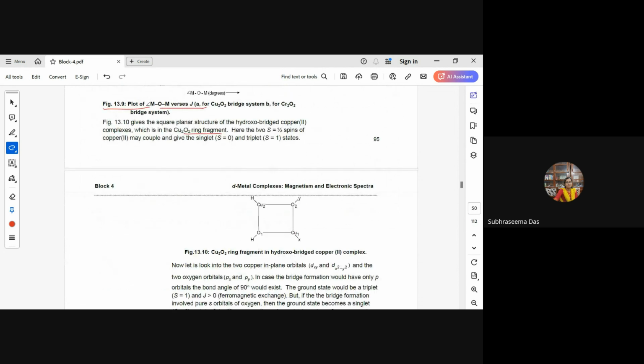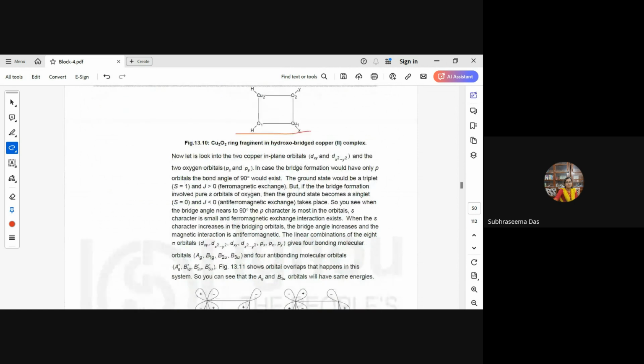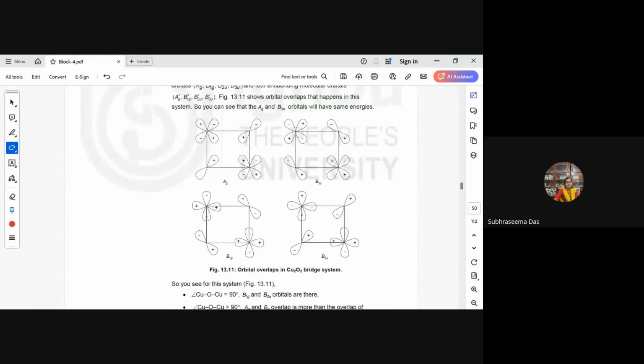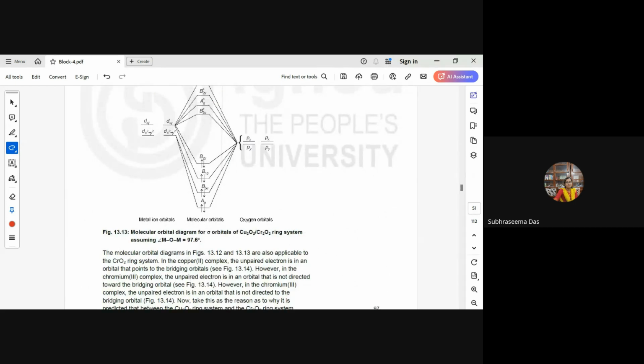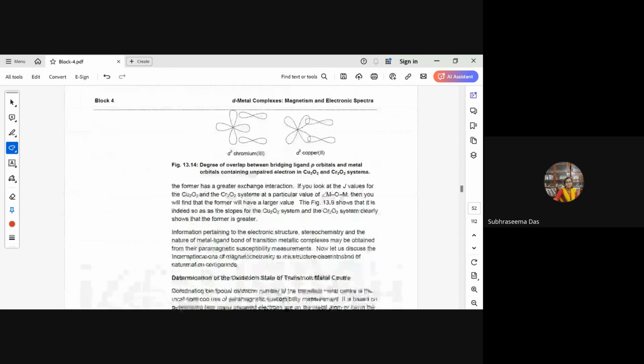This has been shown for one particular arrangement. If the arrangement is changed, then we can see different overlaps and other configurations. Here are the molecular orbital diagrams for the CuO2 and Cr2O2 ring systems, and some of the molecular orbital diagrams have been given here.